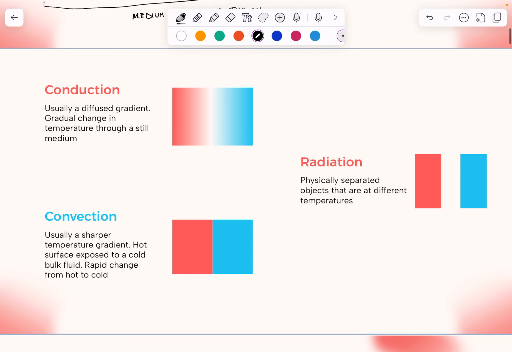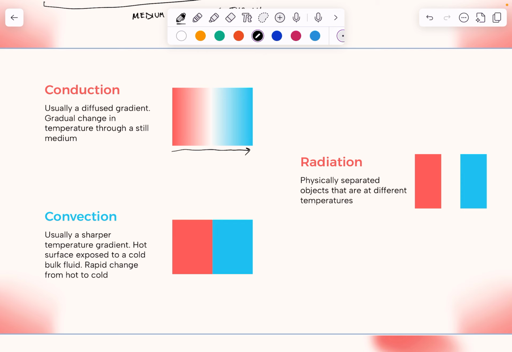Okay, so let's take a little bit of a closer look at some special properties of conduction versus convection versus radiation. So here, I just made this little gradient because conduction is a gradual change in temperature through a still medium. You can see that this color is being diffused, and it's a very slight diffusion, and that's usually how conduction spreads. Convection, on the other hand, you'll almost always have a sharper temperature gradient.